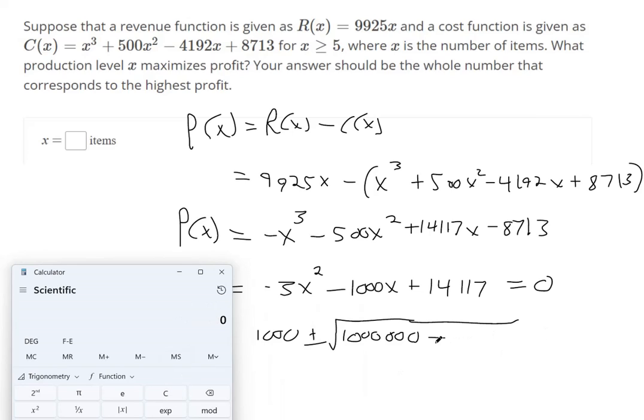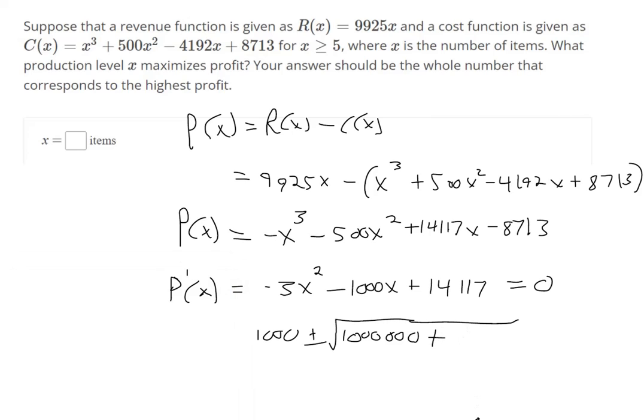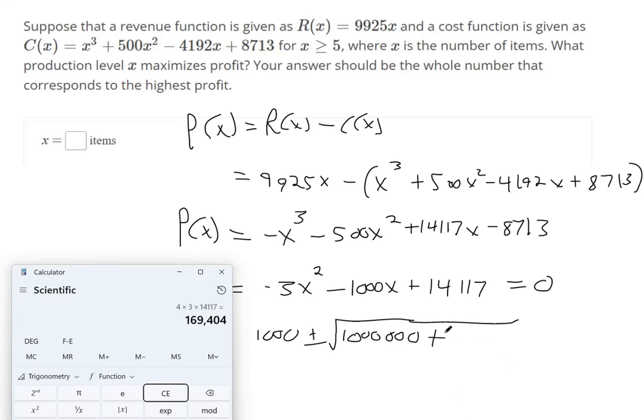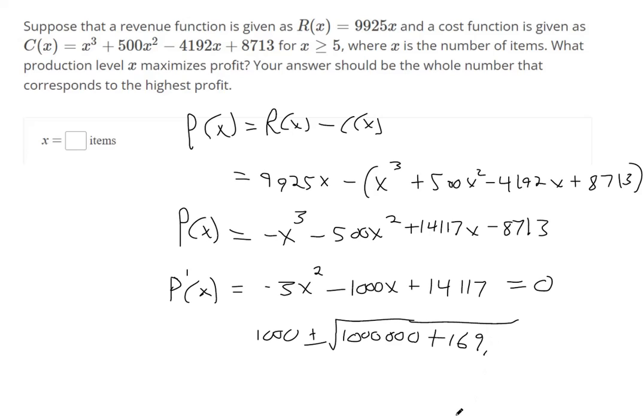And then the quadratic formula says it's minus 4 times a times c. So that's a negative, because negative times a positive makes a negative. So we're minusing a negative. That changes this to addition. We got 169,404. And then we divide that by 2 times a.